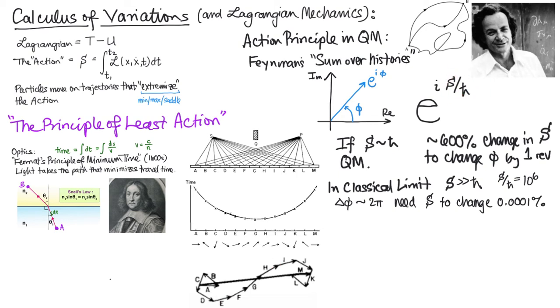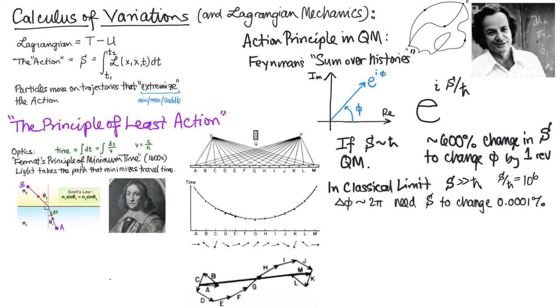But in the classical limit, you don't have to go very far away from the classical path at all before the phase will wrap by one full revolution, essentially randomizing the phase angle. So what that means is in the classical limit, more and more of these paths, the ones that are not near the actual minimum travel time, are all curled up and cancel each other out. And the only meaningful contribution to the total probability amplitude is the one that minimizes the travel time in this case. And that's where Fermat's principle of least action comes from.